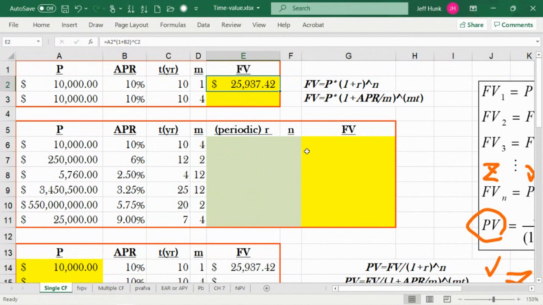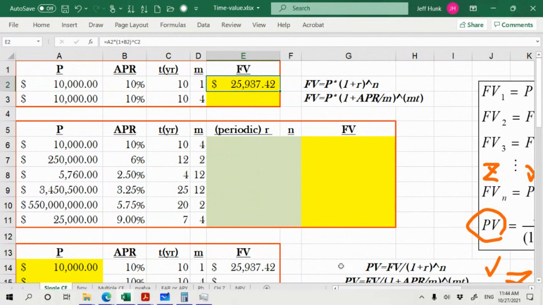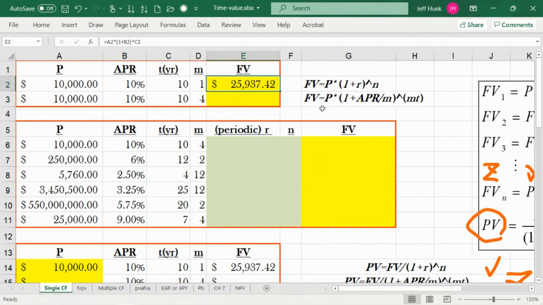So then, what is that M? M is compounding frequency per year. Now think about it. We have been assuming that compounding happens only once a year.